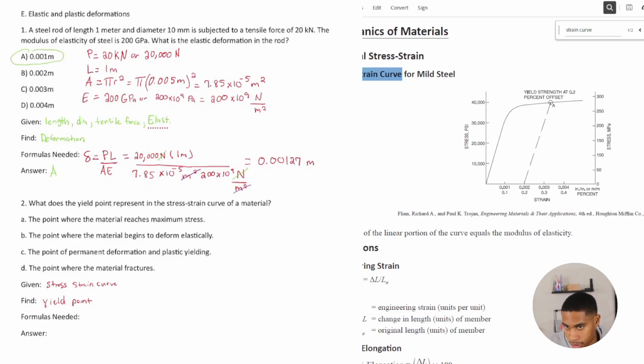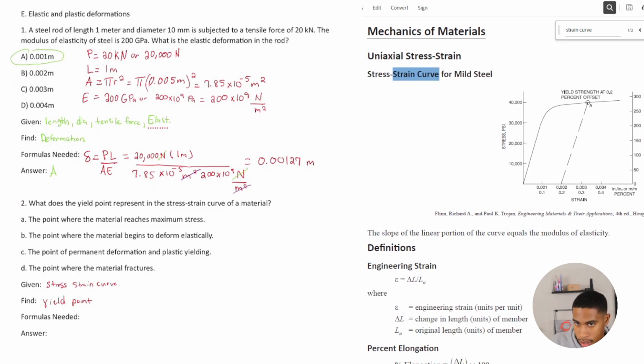But basically, you will need to know this. I went over each portion of the stress strain curve in, I believe, mechanics of materials, might have been in deformations like part B or C, but basically I broke down what happens along a stress and strain curve.